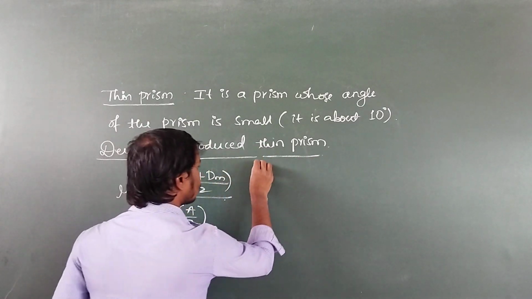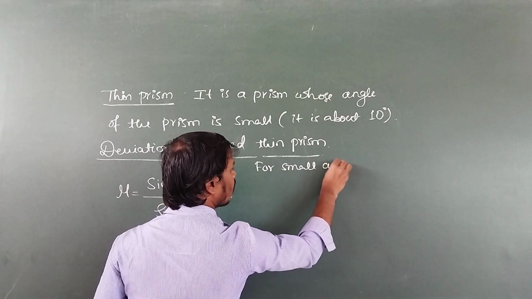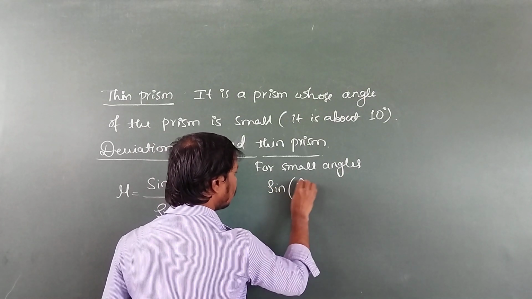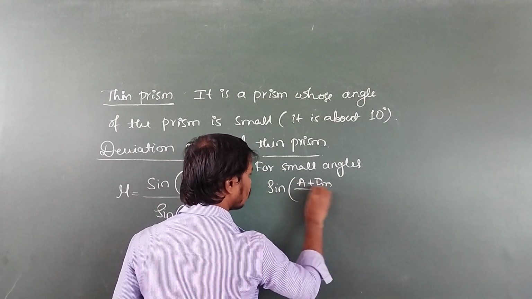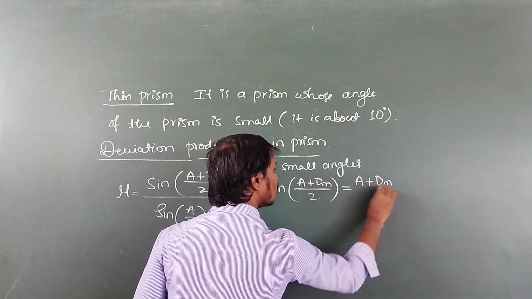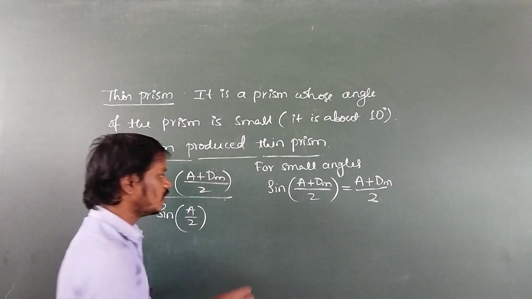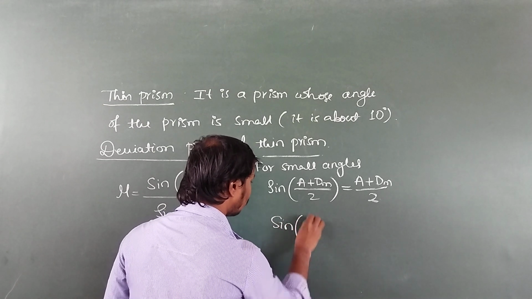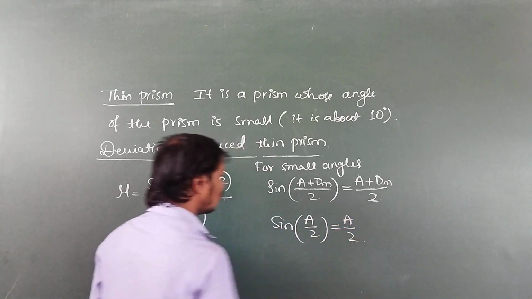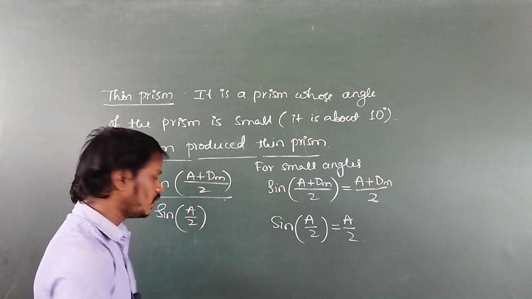Now let us replace sine of (A plus dm) by 2 by (A plus dm) by 2.